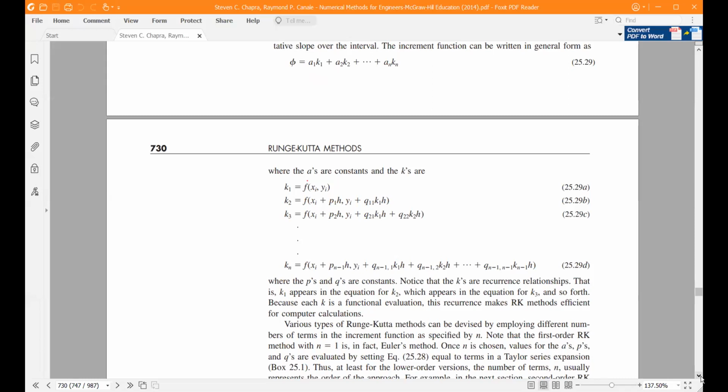Yes, sir. Okay. If your k1 is a slope, then your k2 will also be a slope. But that slope is calculated at a different point. You see that your x value, that means we are not at the initial point. We are progressing from the initial point forward.